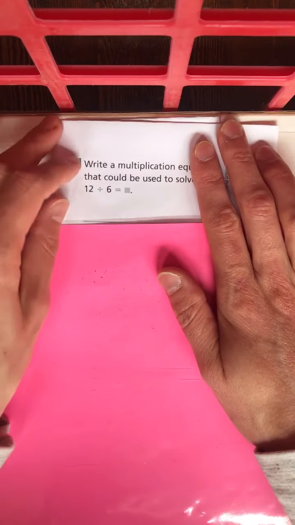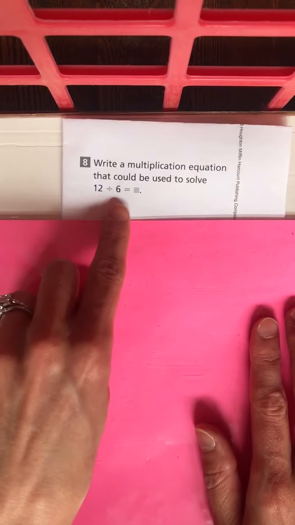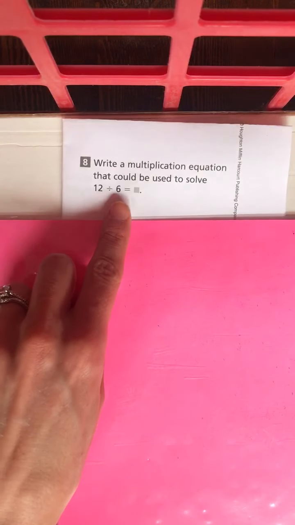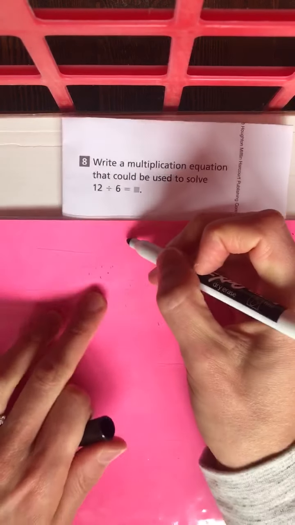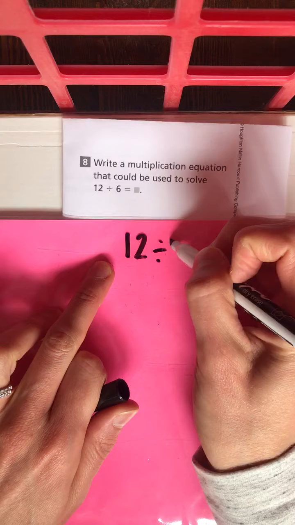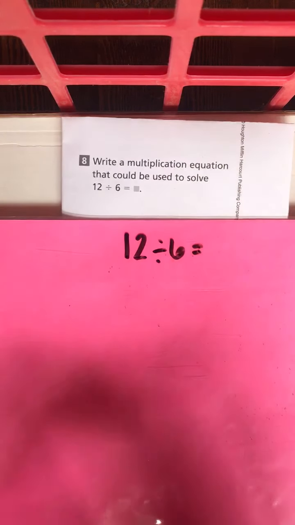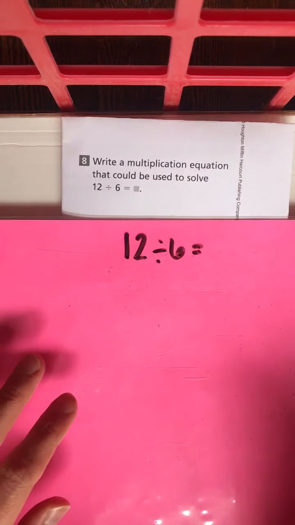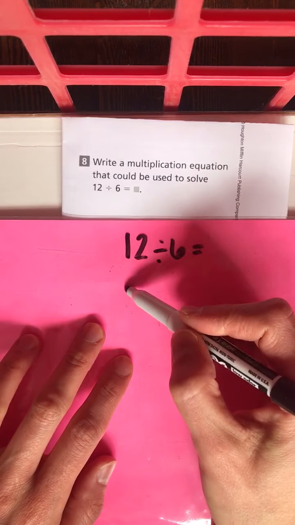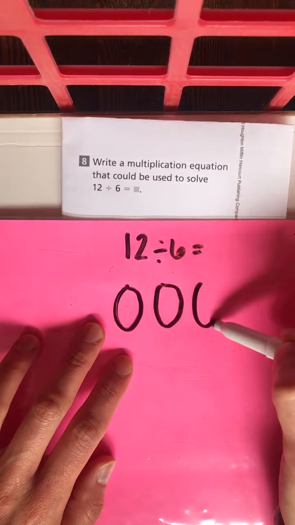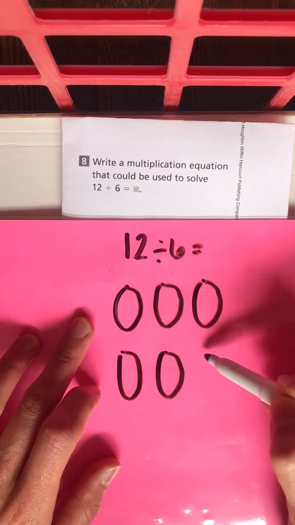So what I'm going to do is draw a picture to help me solve 12 divided by 6. So we know that when we're dividing, we could use lots of different strategies, right? We could use repeated subtraction, we could use fair share, we could use equal groups. I am going to use fair share to solve this question. So what this means is I am going to create 6 equal groups. So 1, 2, 3, 4, 5, 6.